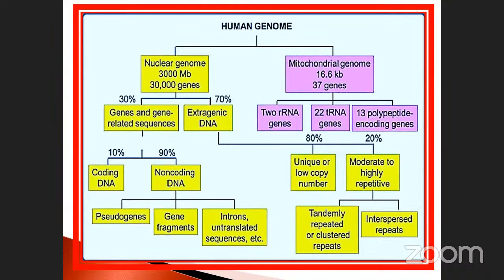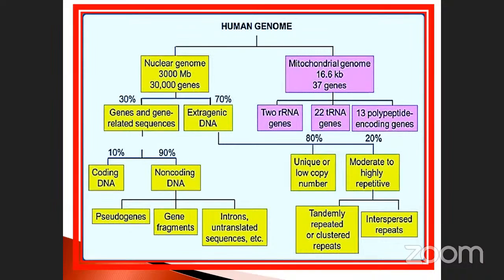Calculate it: 2, 22, 13 makes 37. Does it tally correctly? Here 37, 2, 22, 13 polypeptide-encoding genes. This one is the tRNA gene, and this one is called the rRNA genes.